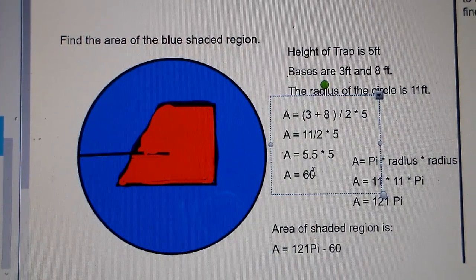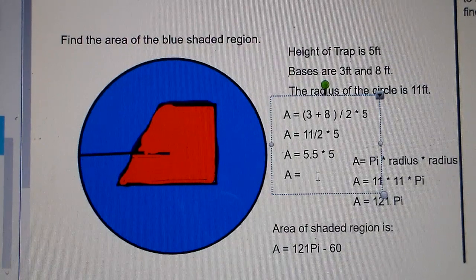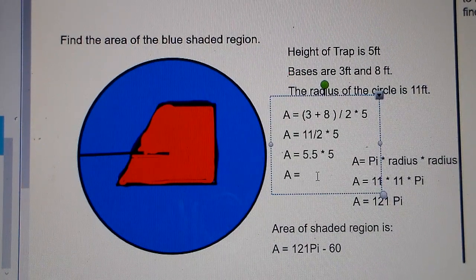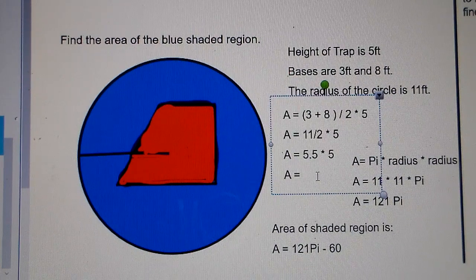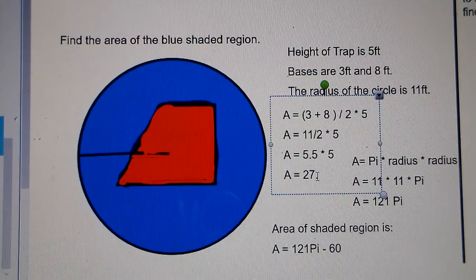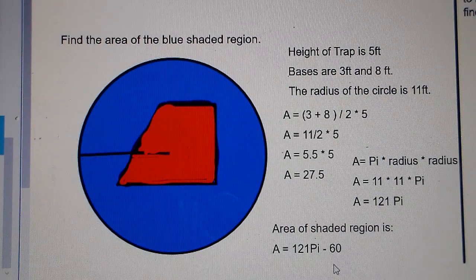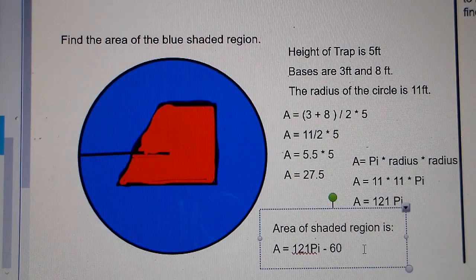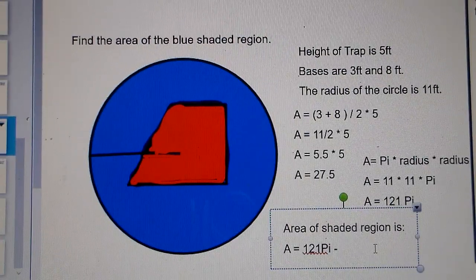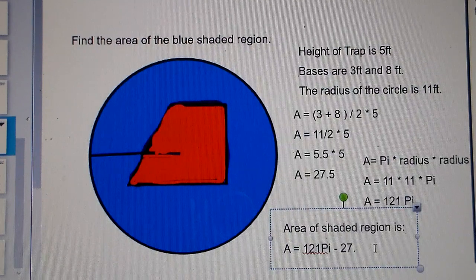And 5.5 times 5 is 27.5. So this is going to be 121 pi minus 27.5.